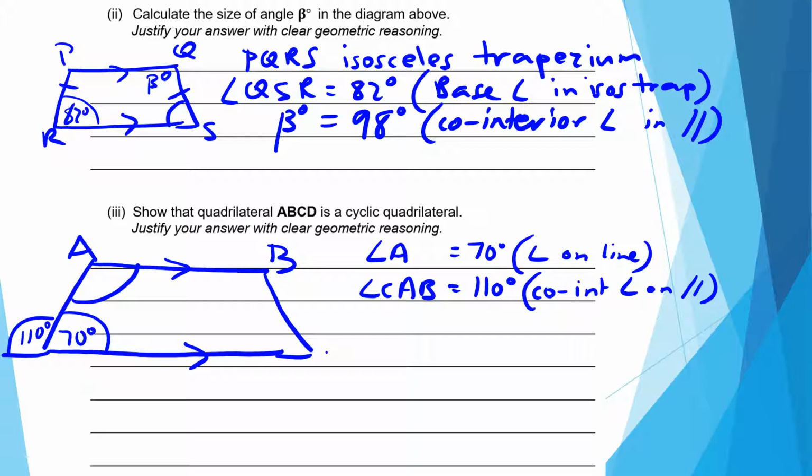ABCD is, and sorry, I've labelled it somewhat incorrectly, but ABCD is an isosceles trapezium as well. So that means that angle BCD equals 70 degrees because it's a base angle in isosceles trapezium.